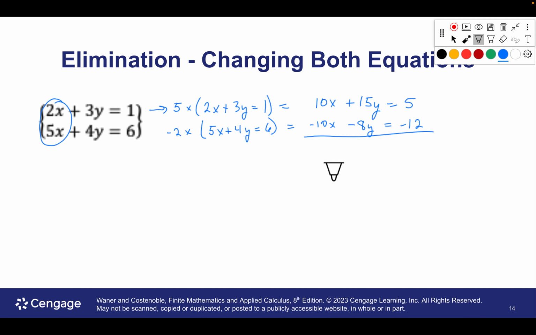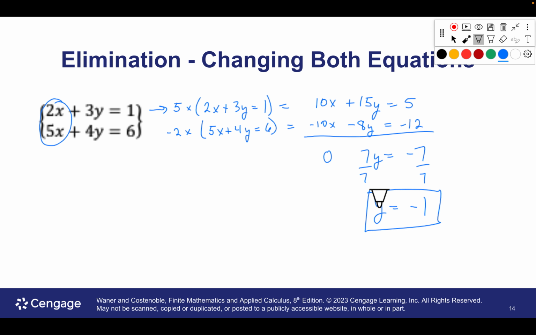So we will now eliminate these by adding them together. There's 0. 15 minus 8 is going to give us 7y, and subtracting 5 from 12 gives us negative 7. Negative 7 by 7, right? We get y equals negative 1.